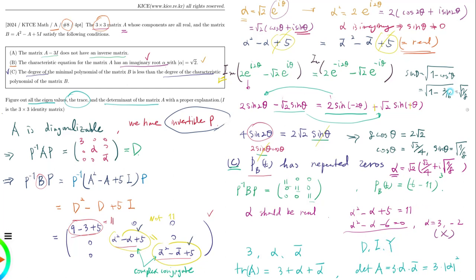Okay, let me wrap up this problem. So this problem, which is linear algebra, is about a diagonalizable matrix A. Okay, so a diagonalizable matrix makes our life easier because we have this magical invertible matrix P, and we multiply it on both sides, P and P inverse, on its right and left hand side, and we get a diagonal matrix.